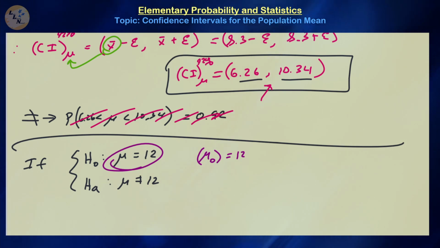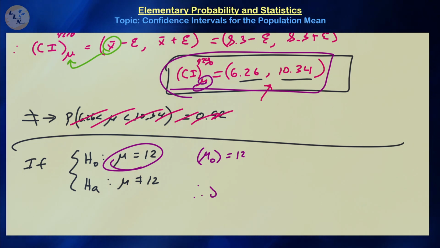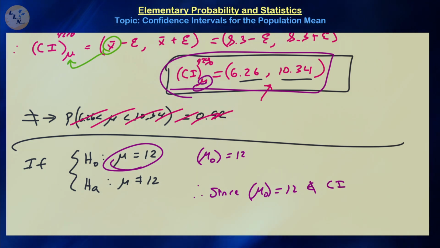The answer is no. That means we have evidence to believe that the actual population mean mu is actually not equal to 12, in particular something lower than it. So therefore, since the claimed value of mu, which is 12, does not belong to our confidence interval, would I reject or fail to reject the null hypothesis?